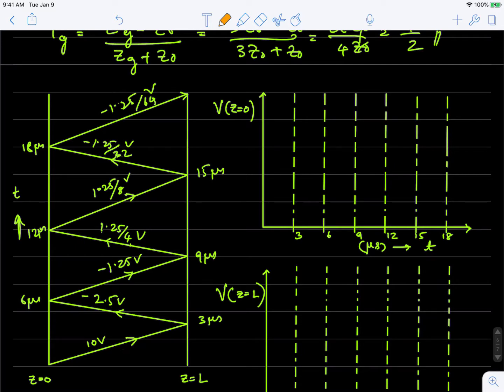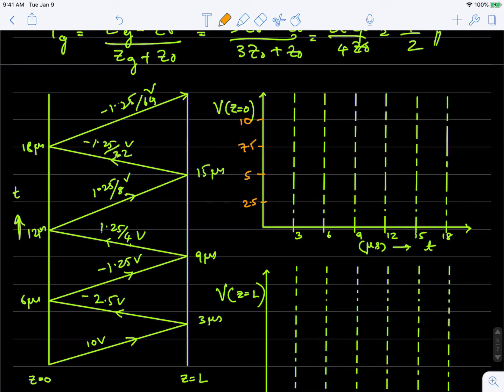Okay, let's call this 2.5, and this is 5, and this is 7.5, and this is 10.